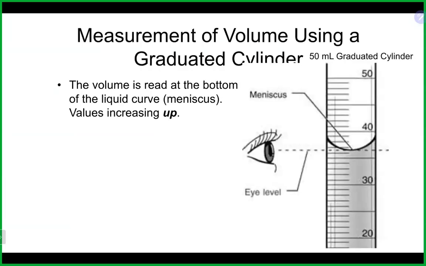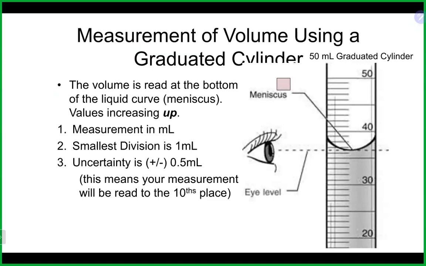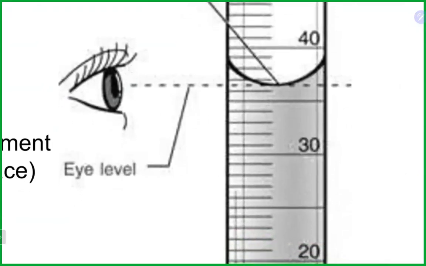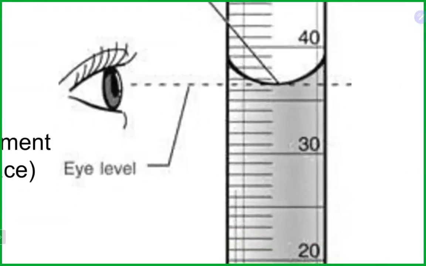Now, again, as we talked about, sometimes we do use different pieces of glassware. So once again, if we take a look at this, which is a graduated cylinder, we're going to read from the bottom of the meniscus. We have 30 and 40. So our large markings on this guy are going to be 10 milliliters.